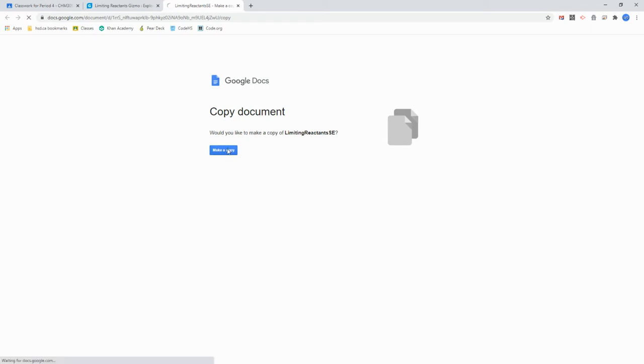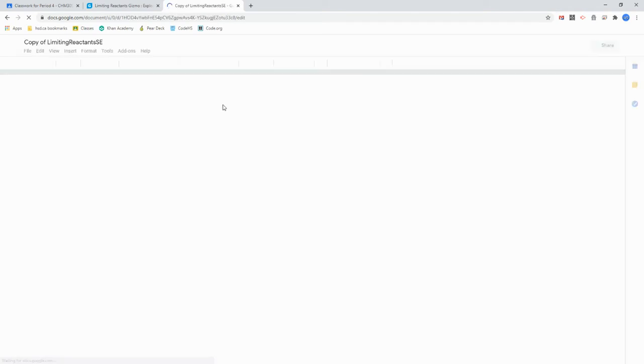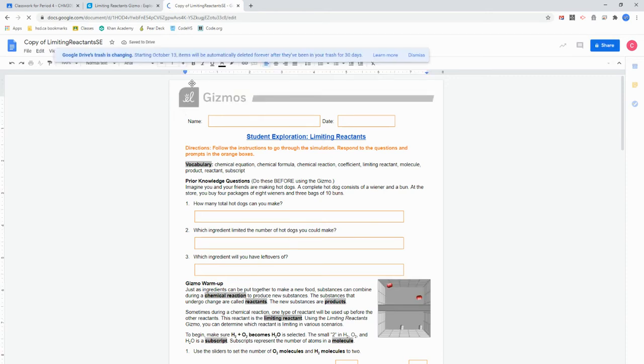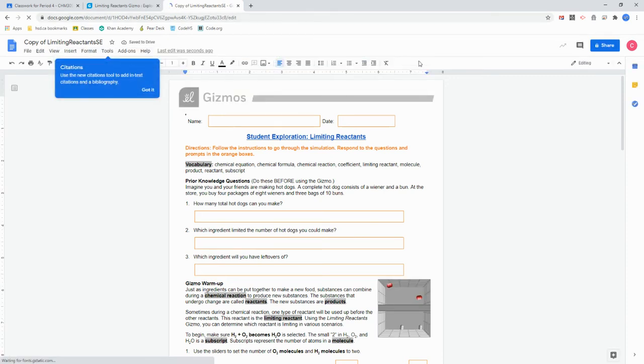So you're going to make a copy, and that is going to be saved directly into the main Google Drive, and then from there, you can move it to wherever you need to move it. In the end, you have to share this document with me and upload it as a post in this assignment.